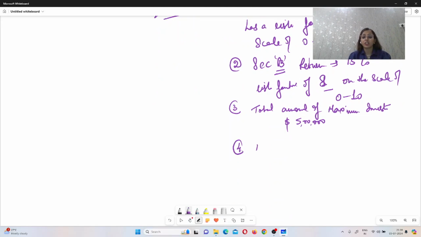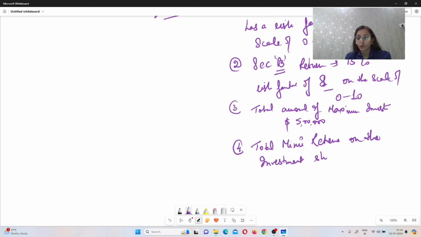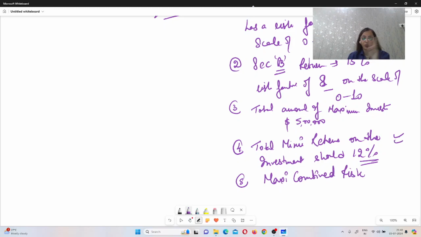One more piece of information provided in this case is that the total minimum return on the investment should be met. We also have the maximum combined risk, and this is the combined return of the two investments.